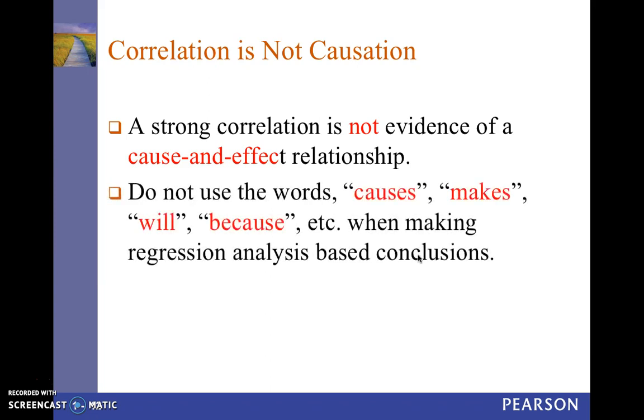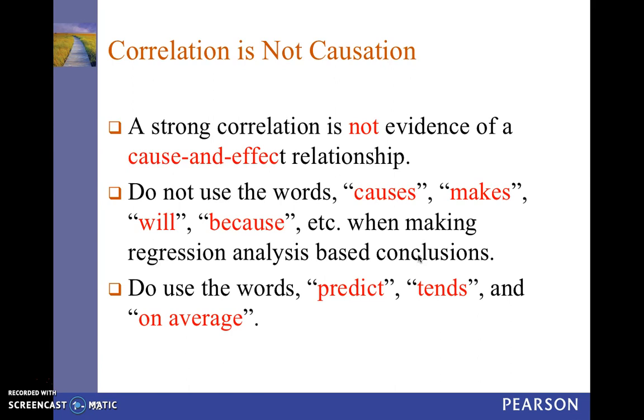Therefore, we shouldn't use words like causes, makes, will, because oftentimes when we are making these kind of statements, we are implying that there is causation taking place. Instead, we should probably use words like predict, tends, and things like on average. And some of this language actually applies to the analysis that we're going to learn here in a minute.